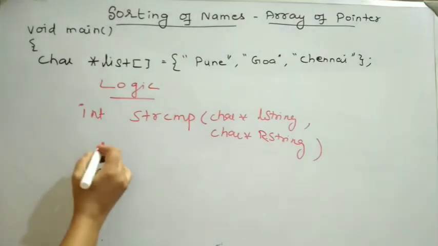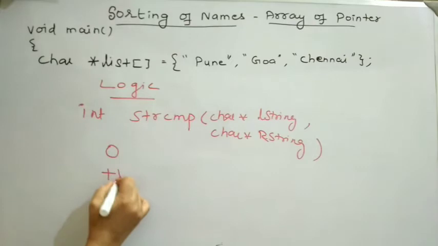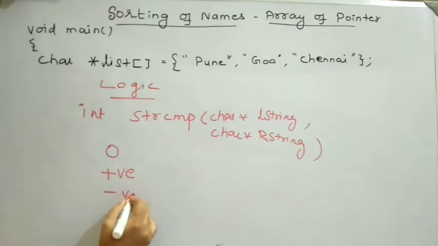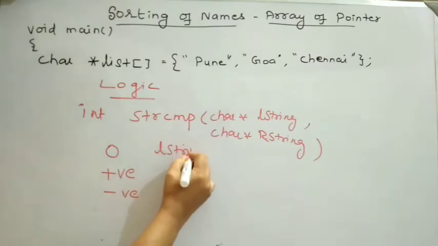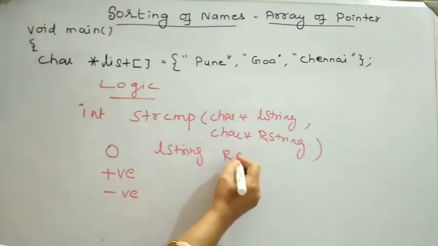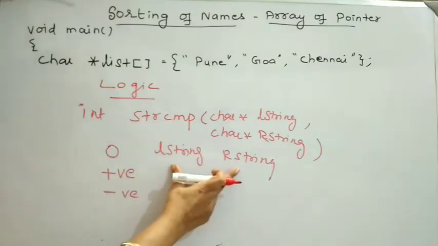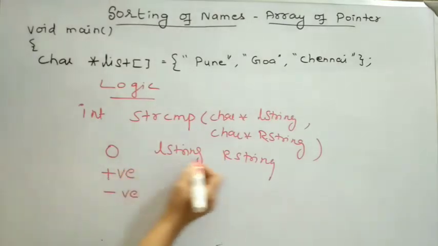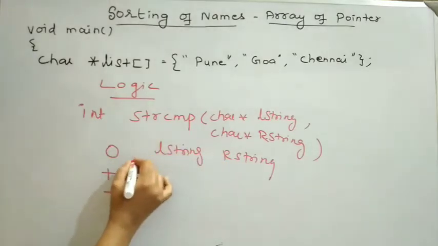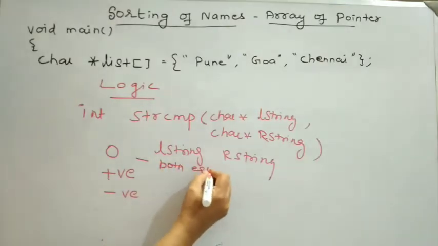It can return the value 0, a positive value, or a negative value. The left string and right string passed as parameters to string compare are compared character by character. If both the strings are equal, then it returns the value 0.